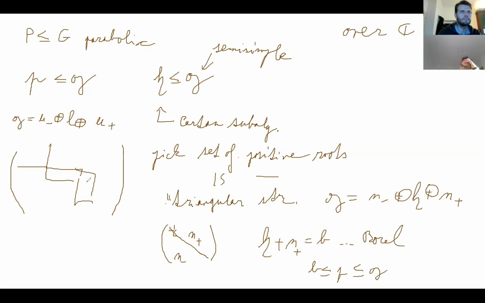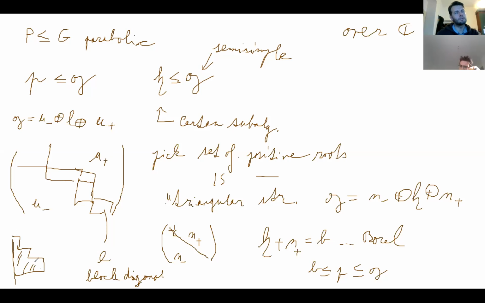So you have a block diagonal subalgebra L, and then you have this U plus and U minus. It's like block triangular.